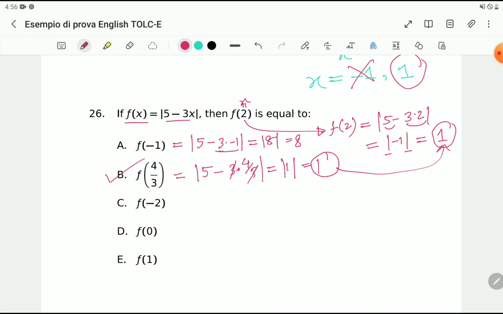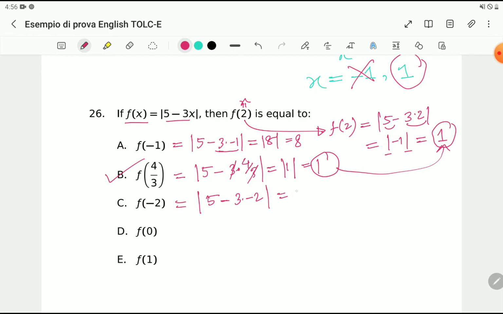So you can say the answer is B, or you can check further, but I think you don't need to, because there will not be more than one answer, so it's perfectly okay.